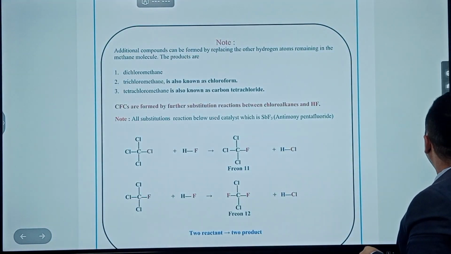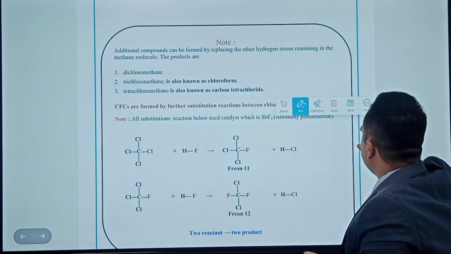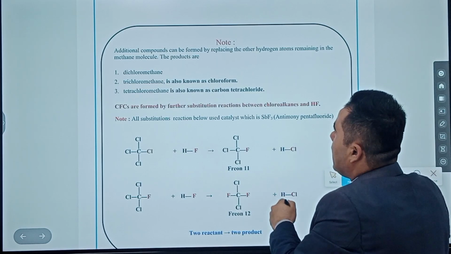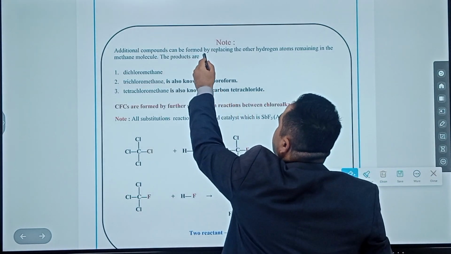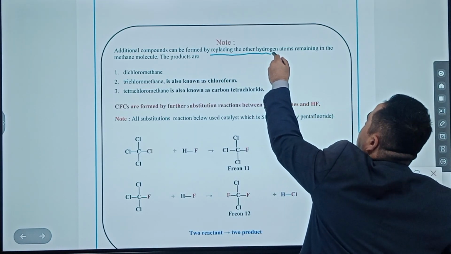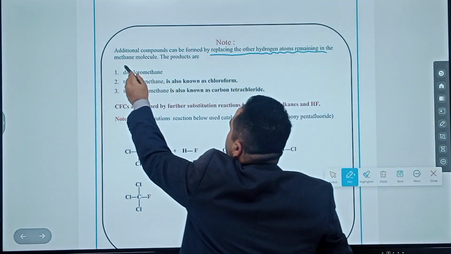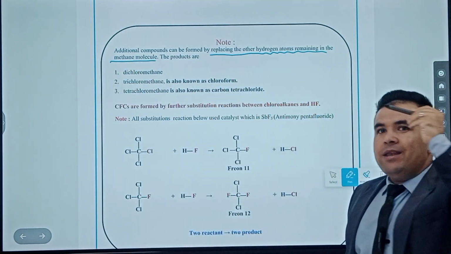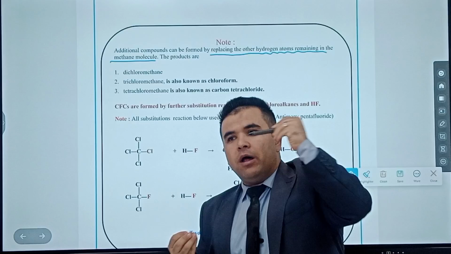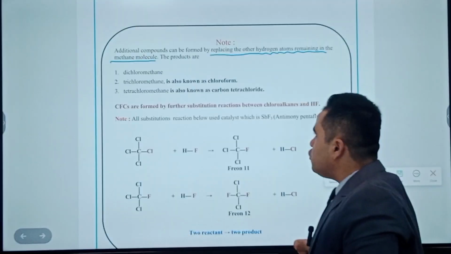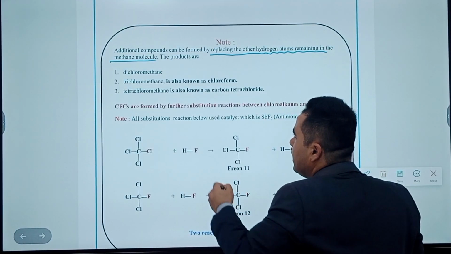Notes about the substitution reaction, guys. In substitution reaction, additional compounds can be formed by replacing the other hydrogen atoms remaining in the methane molecule. When chlorine or any other atom replaces the hydrogen, there will be formation of new compounds.